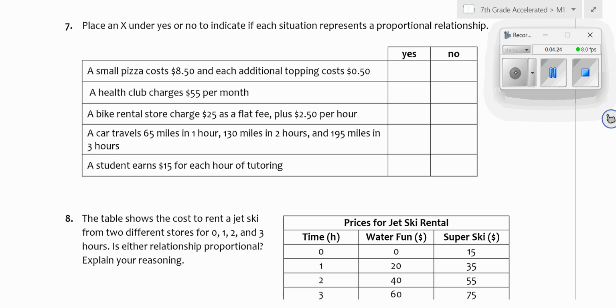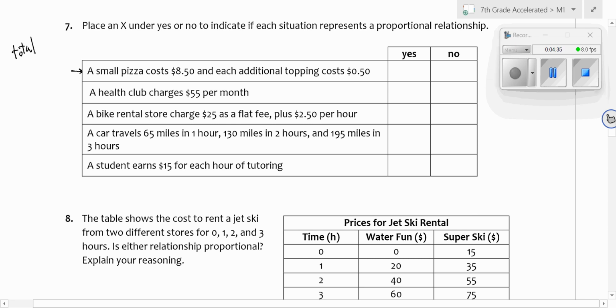For number 7, it can be a little confusing because it doesn't really tell you what quantities we're comparing. This first one is comparing the total cost for 1 pizza, and that's comparing it to the number of toppings.